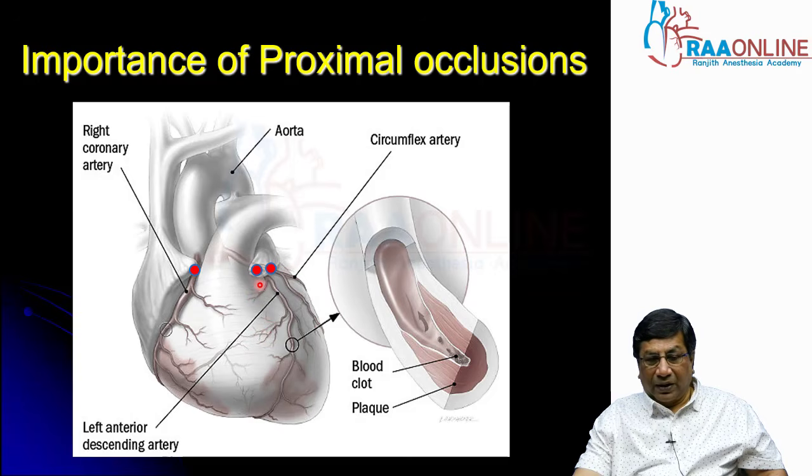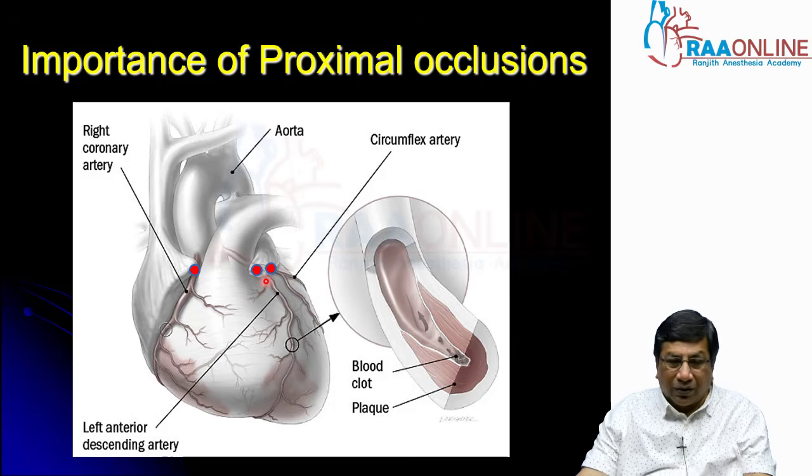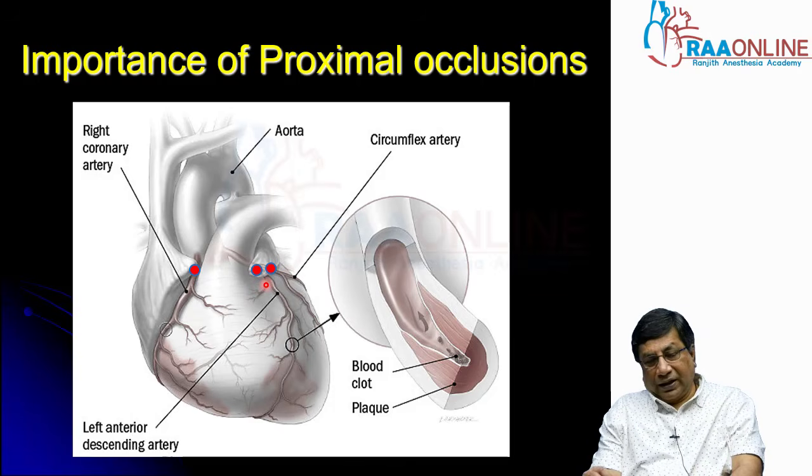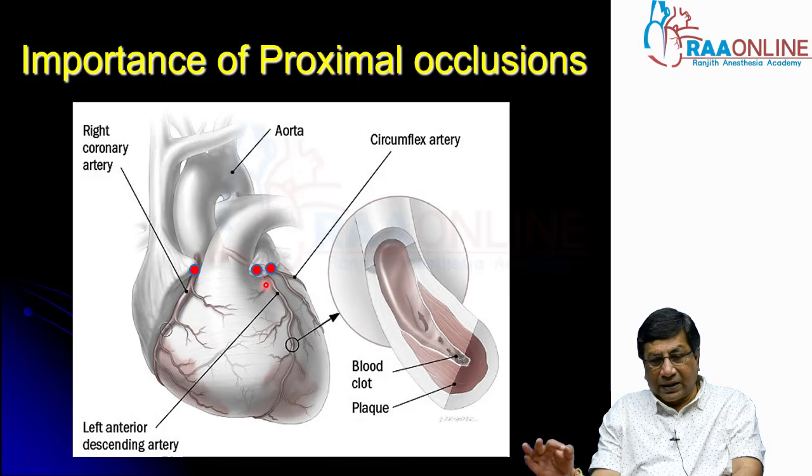That's why it is very, very important from the ECG, the first ECG you are taking when the patient comes with acute chest pain. When the proximal obstruction is there, a huge myocardium is at risk and your conduction system is at risk. So from the first ECG, you must not only know whether it is ST elevation ACS or non-ST elevation ACS, but, in ST elevation ACS, which coronary is obstructed.